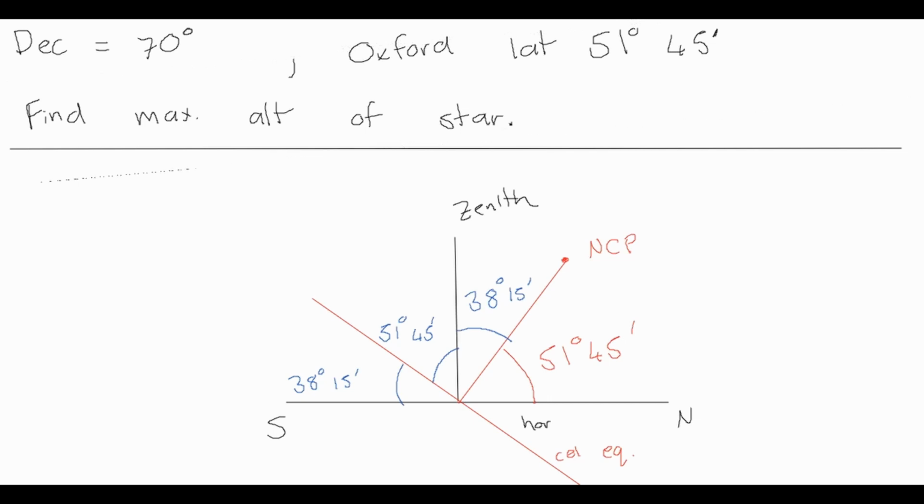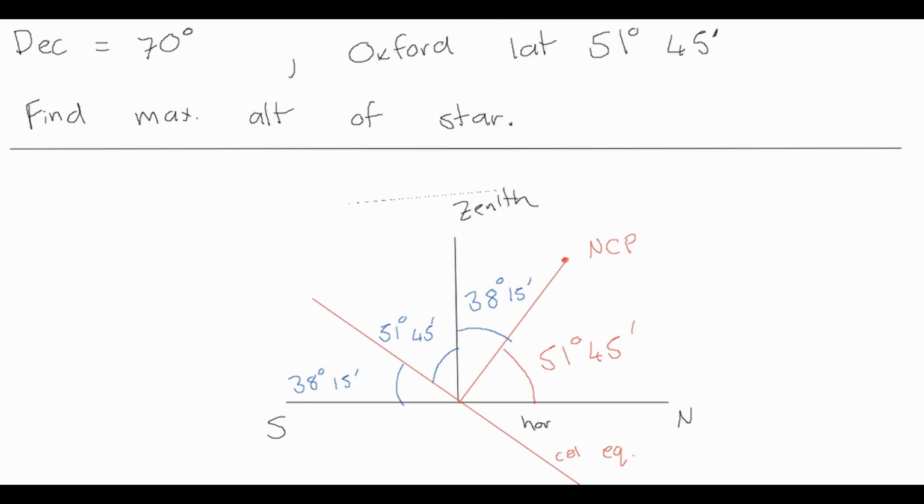And we want to find the maximum altitude of our star. All right, so if we didn't have this diagram, we'd draw the horizon and the zenith, plot the North Celestial Pole and the celestial equator, and then fill in these three angles. Seeing as we've done that already, we can skip straight to putting our star on.